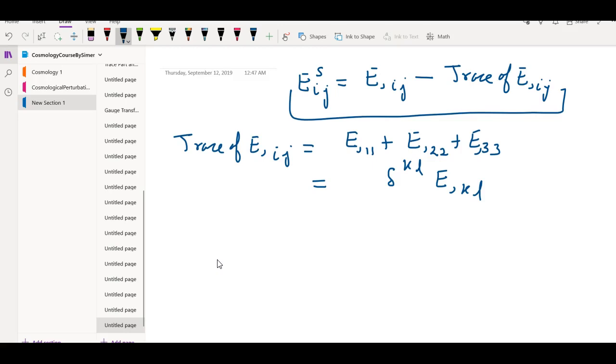Now it will contract on K, contract on L. Yeah, so this is the trace.